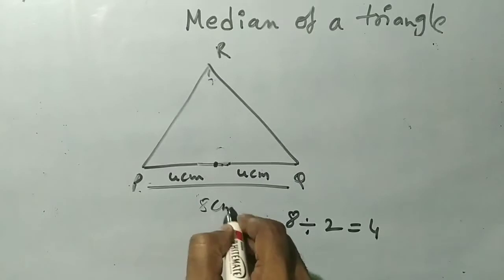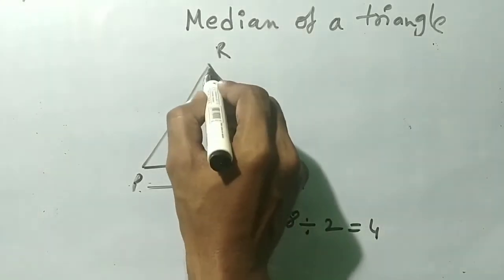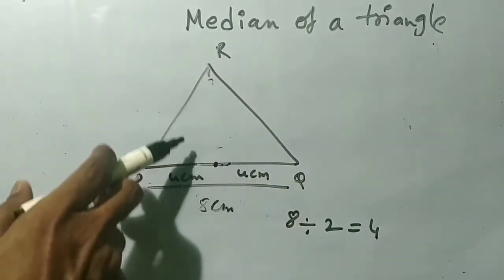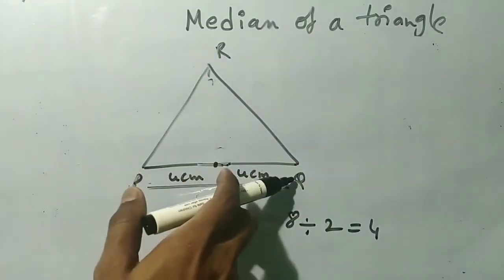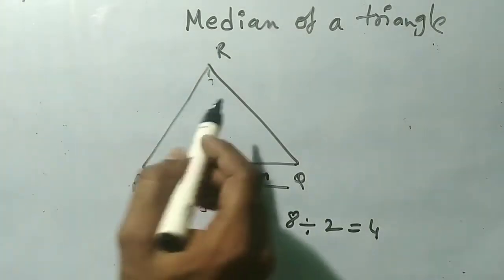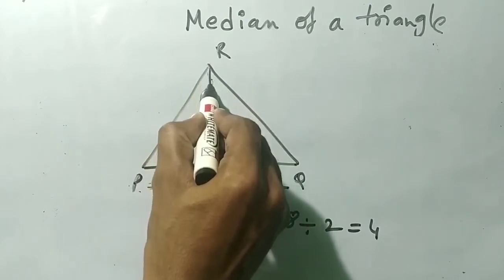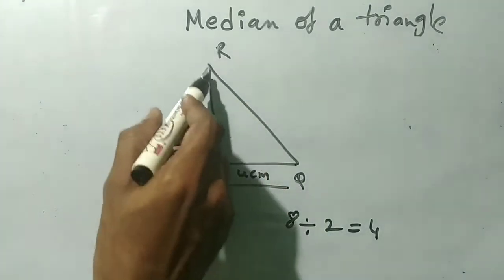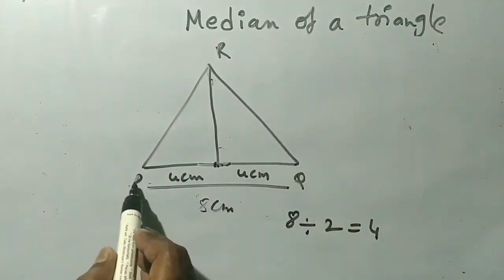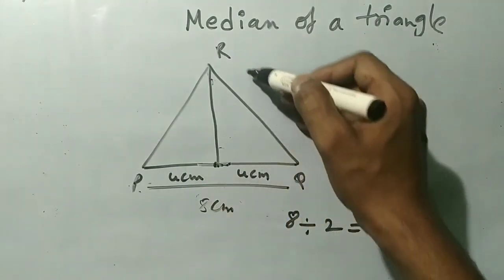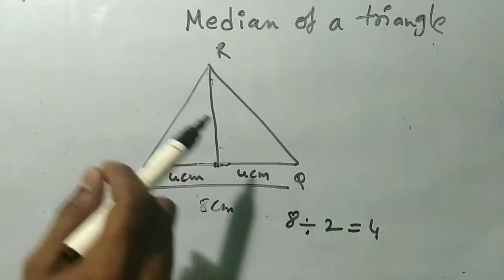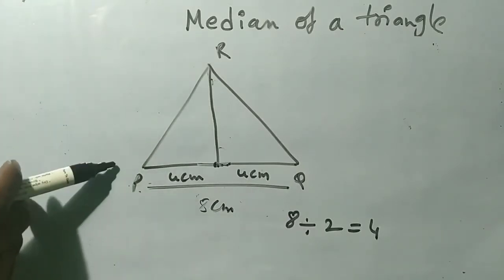This is the midpoint. Here PQ is a side, and the opposite angle is R. From R we draw a line to the midpoint, and it forms a median. Similarly, from angle P to the opposite side RQ, and from angle Q to the opposite side RP.